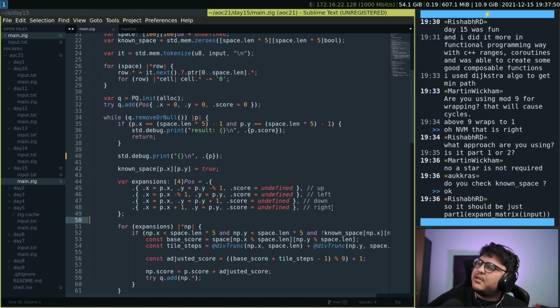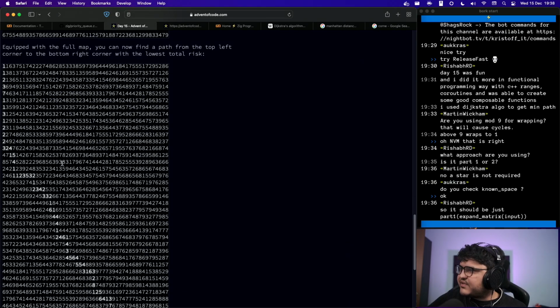So here's one thing that I can do. Am I wrong in saying that the resulting matrix is completely symmetrical?